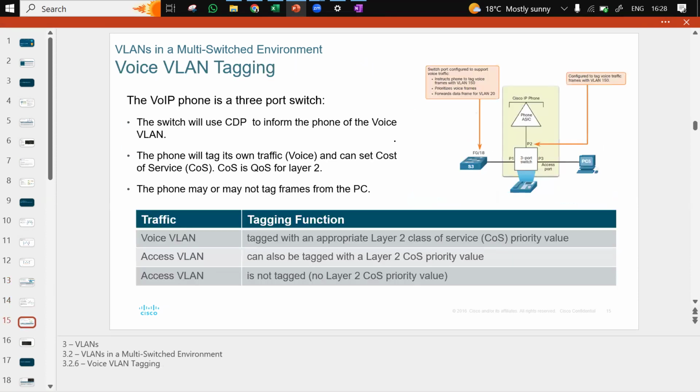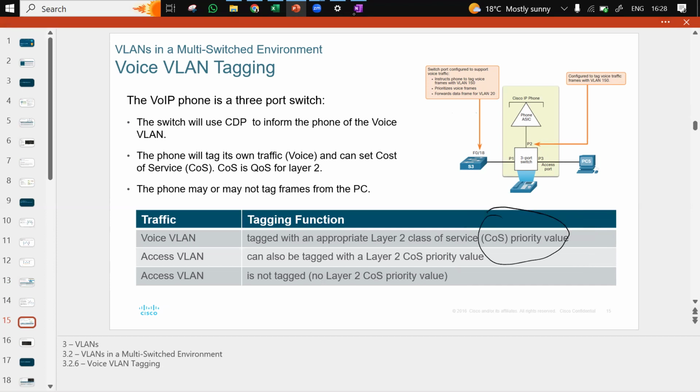Then voice VLAN tagging, right? Tagging a voice VLAN is a bit different from every other tagging. It includes CoS priority. It helps with CoS, level 2, I think level 5. Those who did CCNA3 covered CoS.